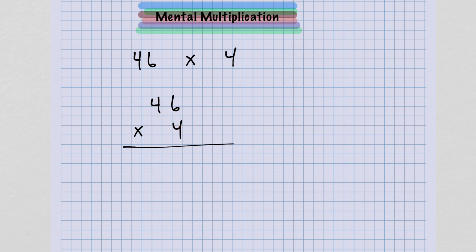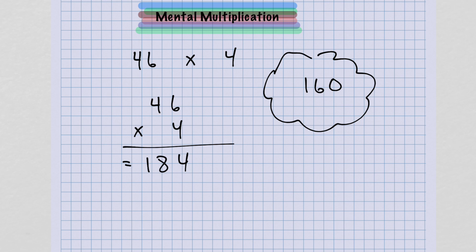Essentially, 4 times 40 is what? 160. So you're going to hold that number 160 inside your mind. Plus 4 times 6. 4 times 6 is 24. So I'm saying 160 plus 24. That gives you what? 184.